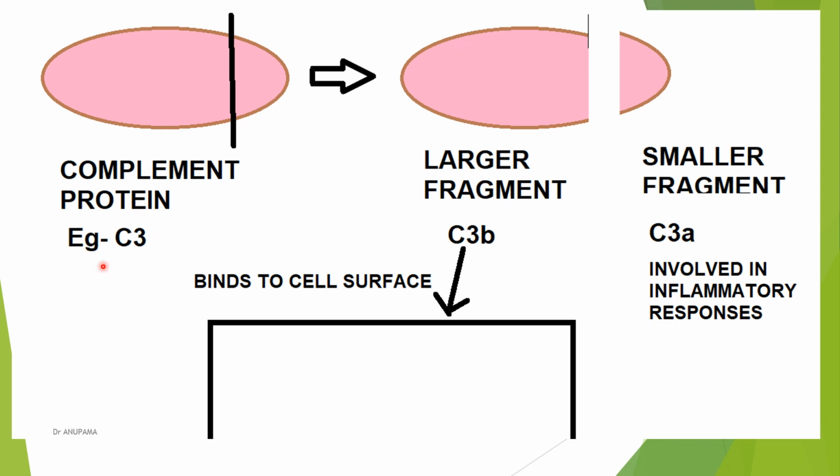For example, in the case of C3, C3 is cleaved into C3b, the larger fragment, and C3a, the smaller fragment. The smaller fragment drifts away and is involved in inflammatory responses, while the C3b binds to the cell surface. There are other B fragments which have an active role and become enzymatically active.